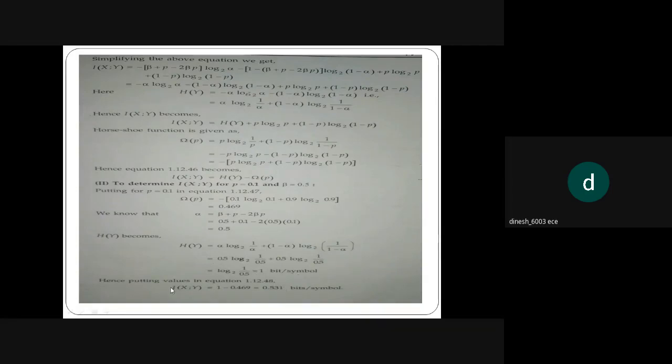Now, substitute all these values, H of Y, p value, beta value, and alpha value in this equation.